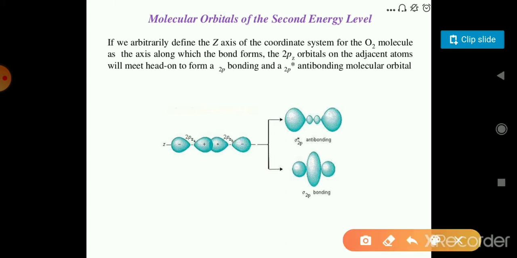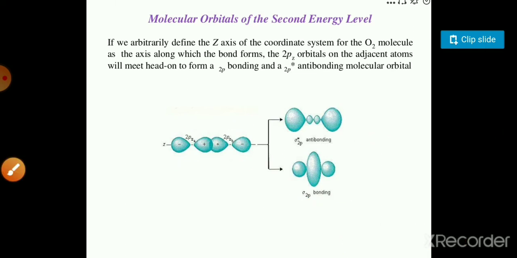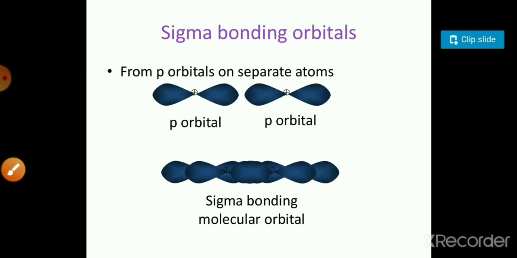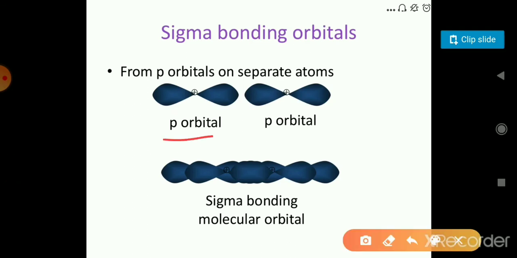So you can see here the 2pz orbital for A and B. Here we will find the two M.O.s, bonding and antibonding, with sigma 2p bonding and sigma star 2p for antibonding. So the 2p orbitals will combine and form the sigma bonding molecular orbitals.